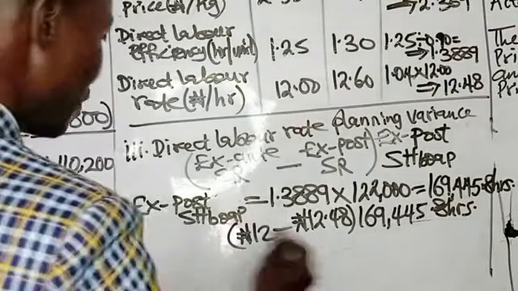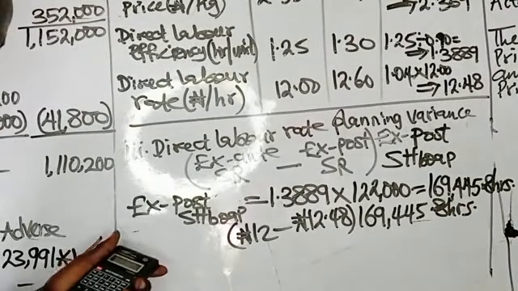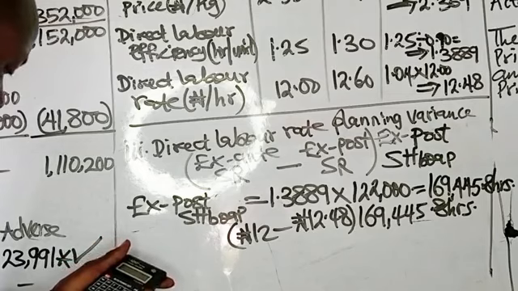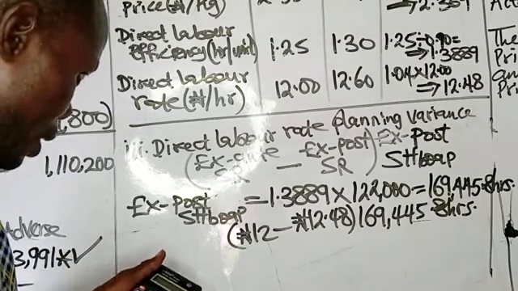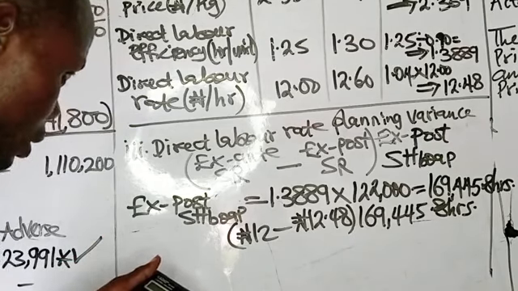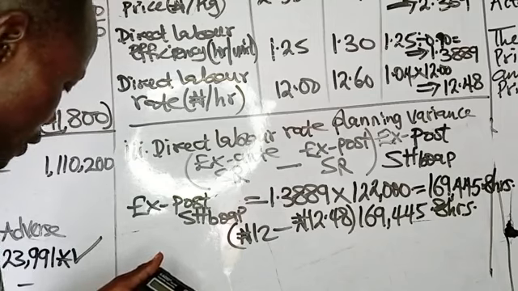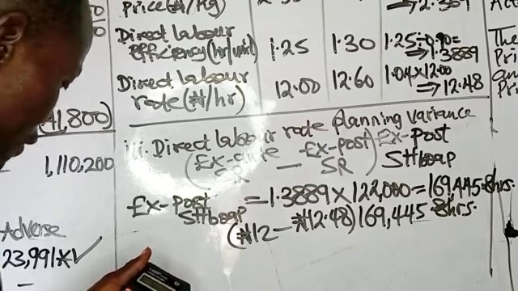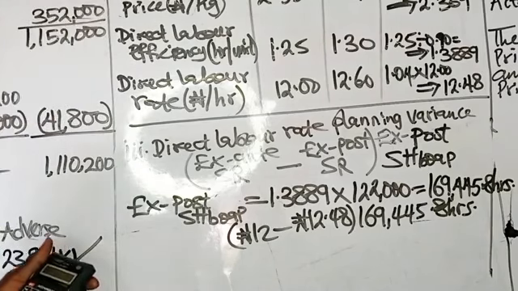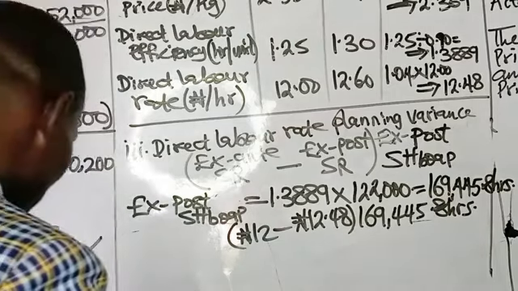So what is the difference? 12 minus 12.48. The difference is 0.48 times 169,445.8. So we have 81,333.